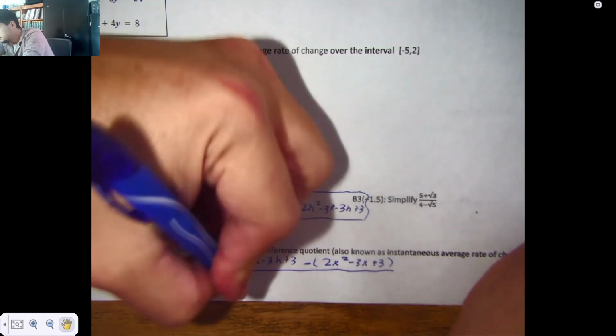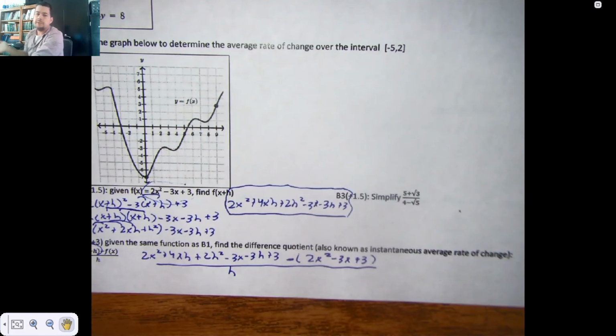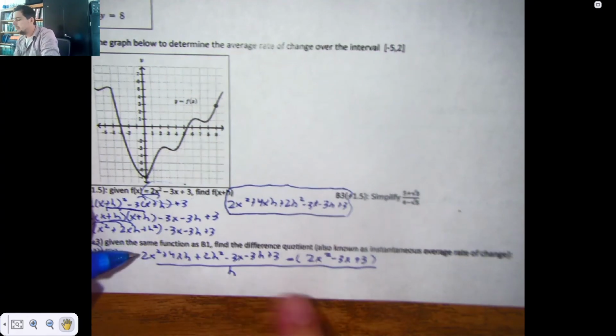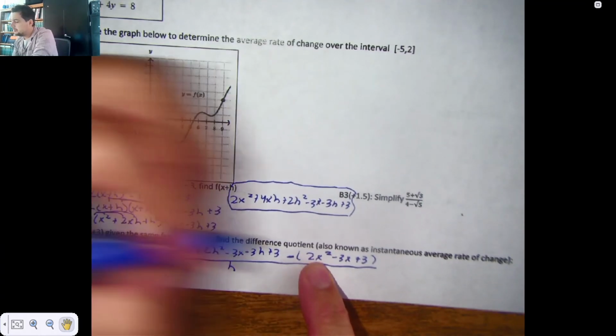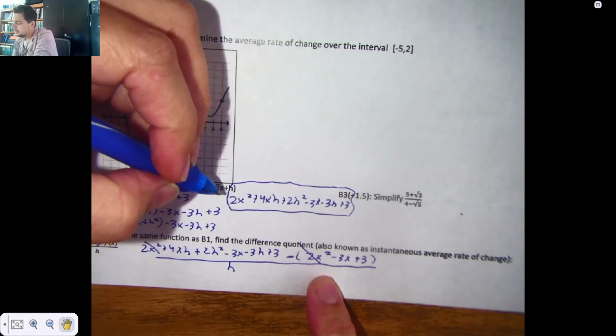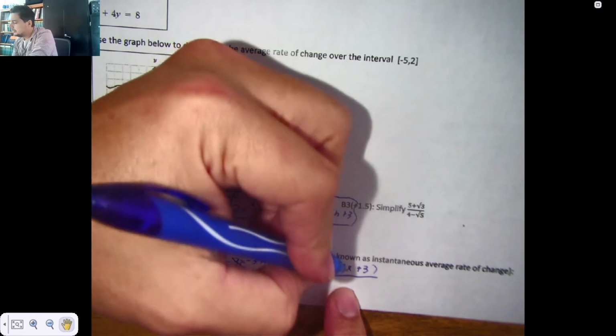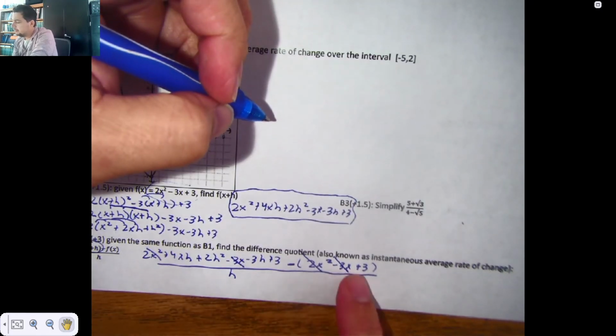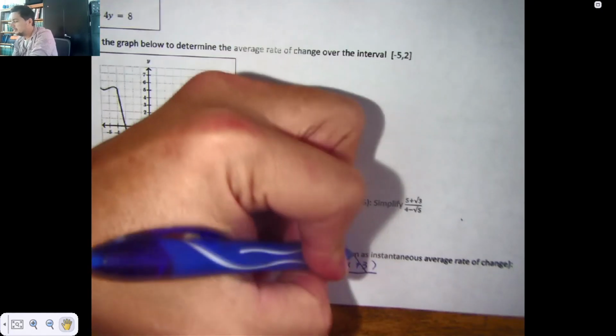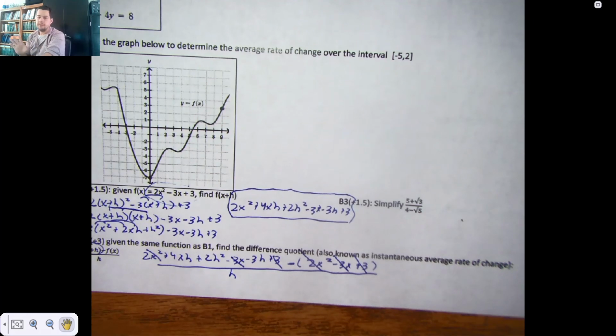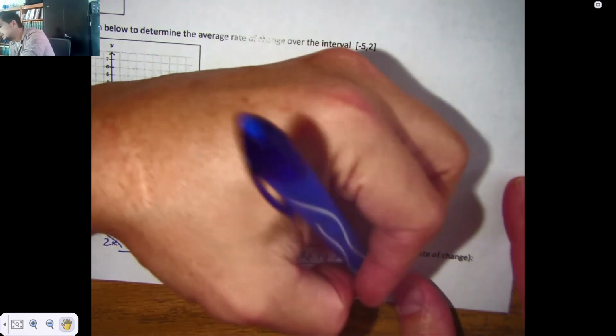It's all sitting over an h. There's going to be lots of cancellations. We have a 2x squared minus another 2x squared. That's gone. We have a negative 3x minus a negative 3x. That's gone. We have a 3 minus a 3. Gone. There's always 6 things that cancel out. Always.